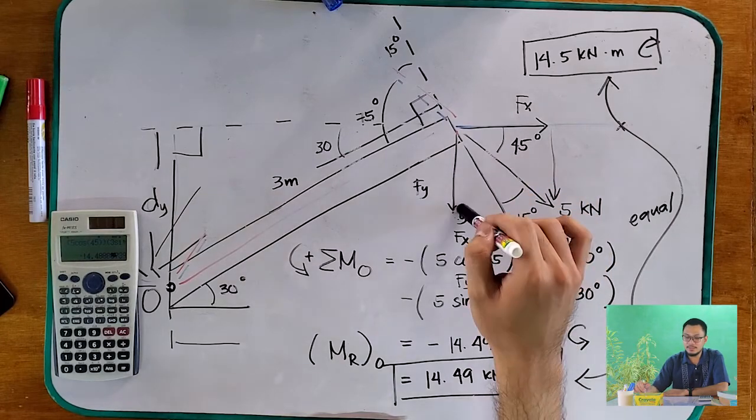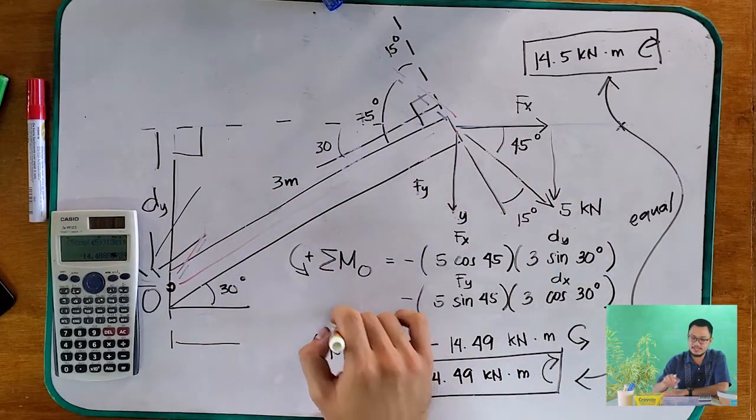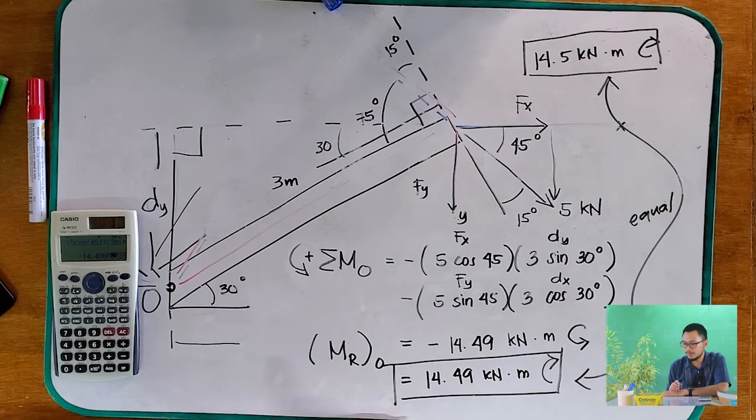Understood? So this is how you apply Varignon's Theorem. You just have to solve for the components and for dx and dy for you to solve the moment. And that's just how easy it is.